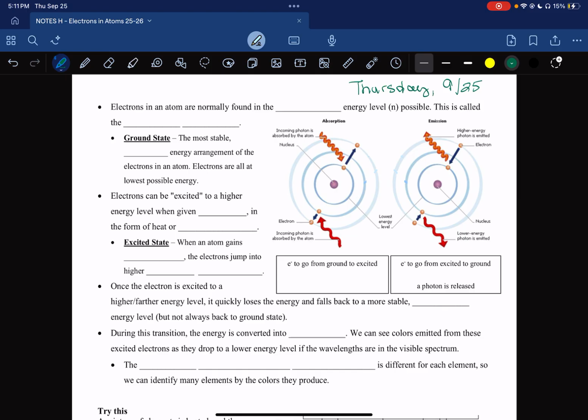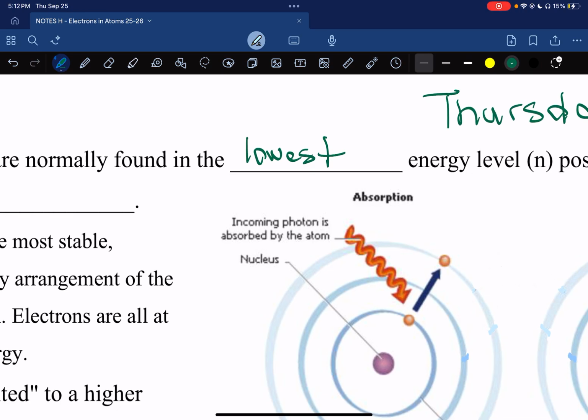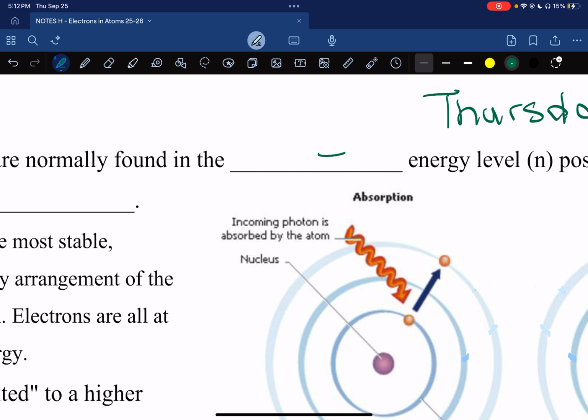Picking up with our notes: electrons in an atom are normally found in the lowest energy level. The lowest energy level is the one that's closest to the nucleus.